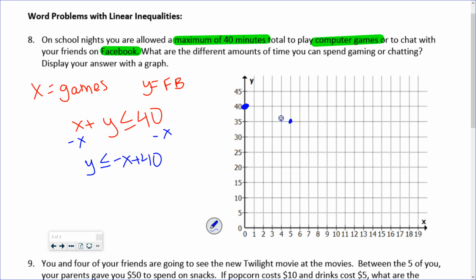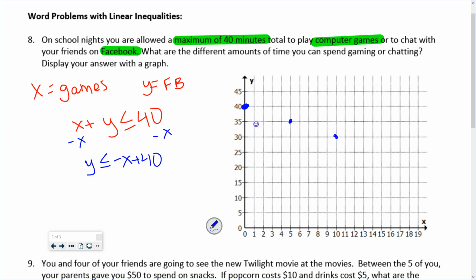Gotta be careful with our word problems. You have to look at our scaling. You cannot go down 1 over 1 because our scale does not match. Going down 1 is going down 5 minutes, so I have to go over 5 minutes. 1, 2, 3, 4, 5. So watch your scales.